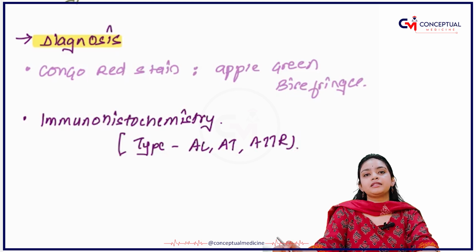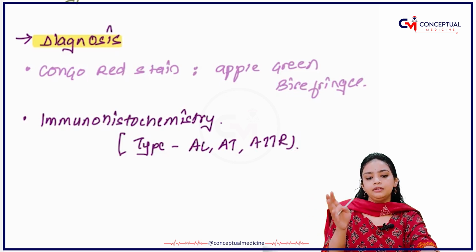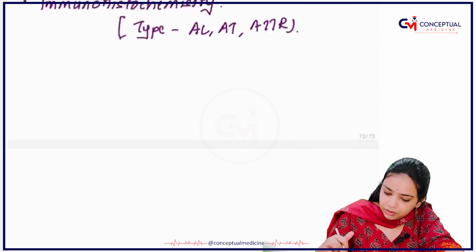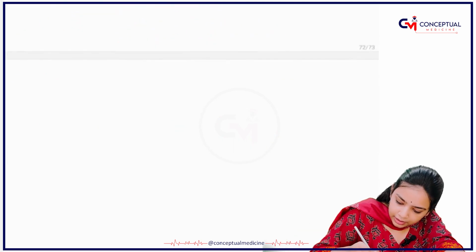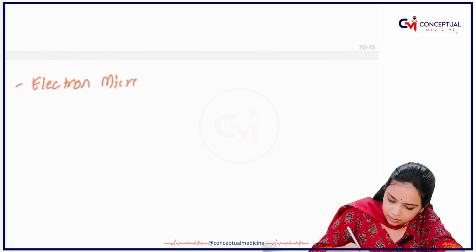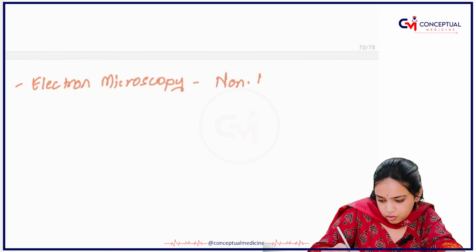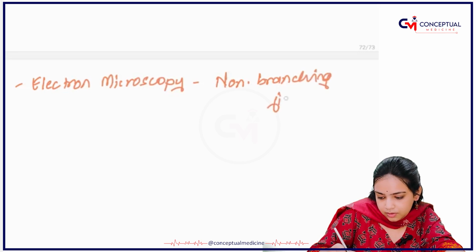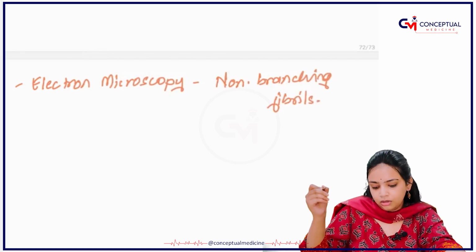So these are basically how you can diagnose. Other things that you have for the diagnosis, you also have the electron microscope. In electron microscopy, you will see the non-branching fibrils.